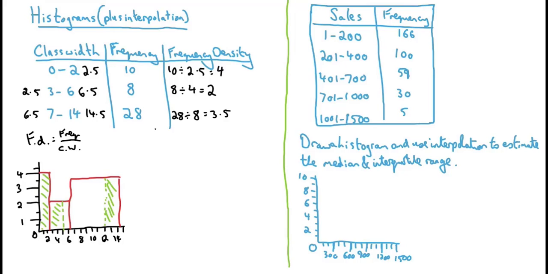And to do so, we're going to make the assumption that the data is going to be evenly spread throughout the group. So here, if there's 10 pieces of data in the range of 0 to 2.5, then there'll be a piece of data every 0.25, as it were.